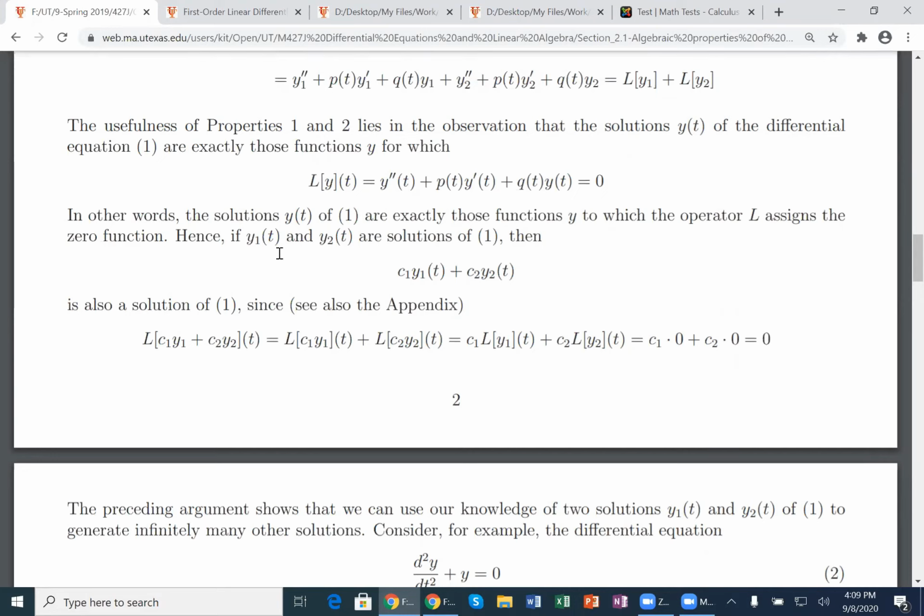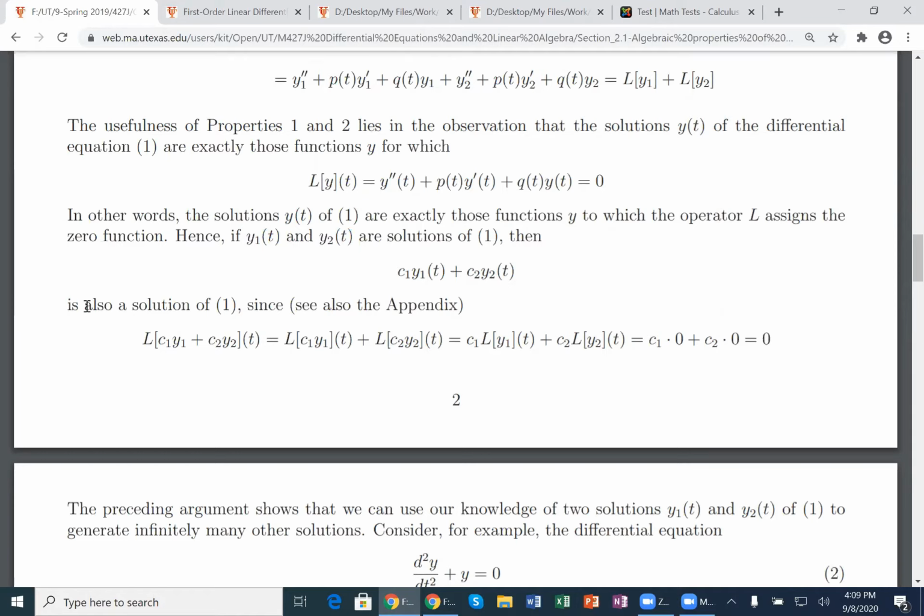Because look, right now we know that we can construct infinitely many solutions using just two particular solutions. Question is, is there anything else? We will answer this question in a moment.